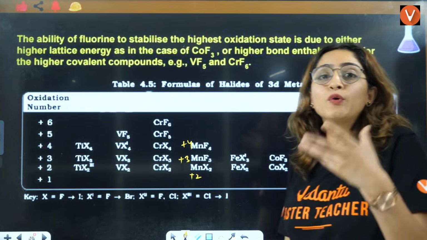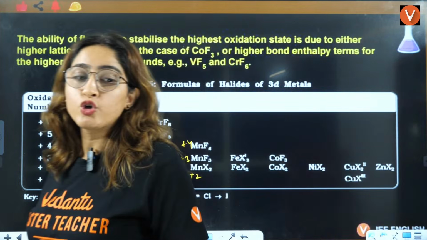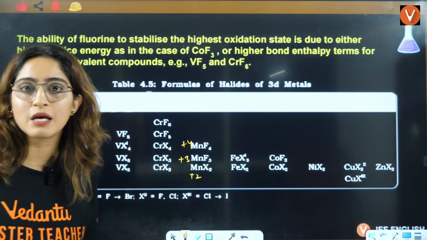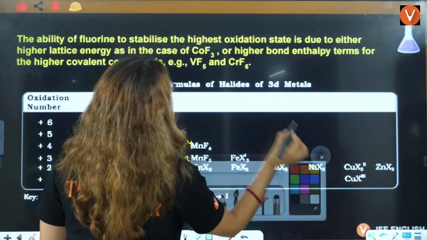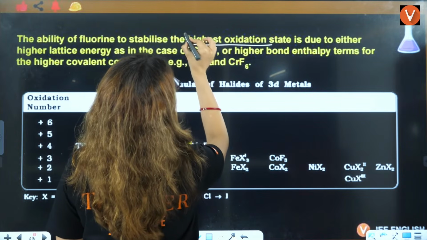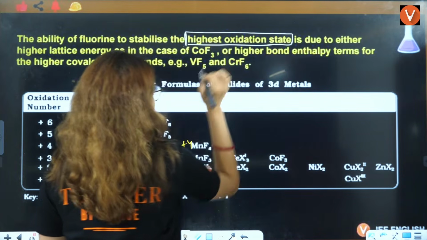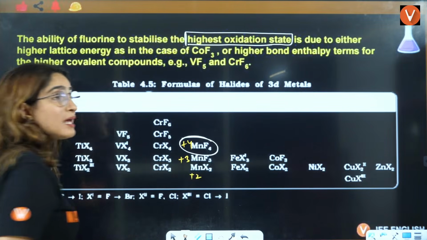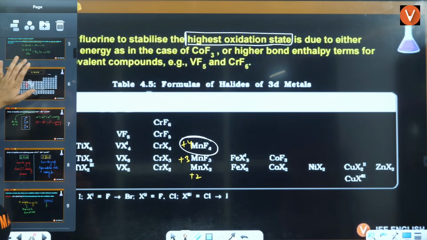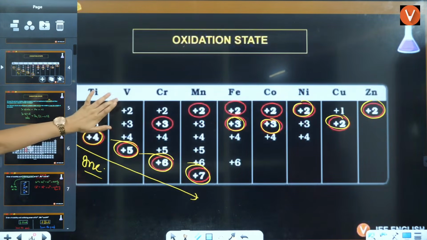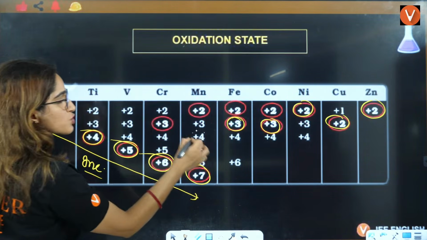So why does fluorine have this ability to make different compounds? Reason: the ability of fluorine to stabilize the highest oxidation state, right? If you see here, the +4 oxidation state in manganese was not stable.